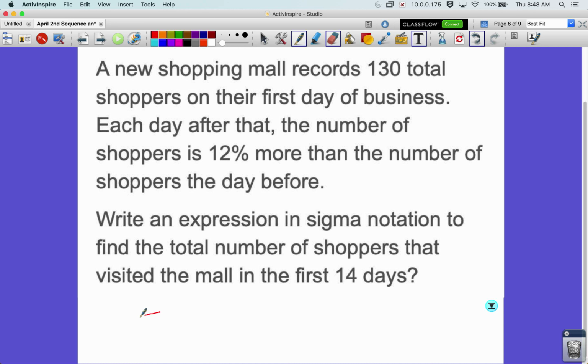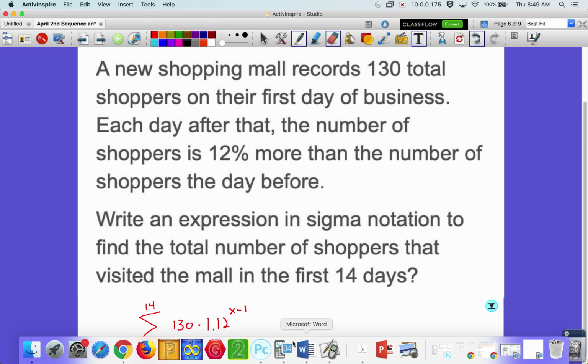But here we go. So I'm summing from x equals 1 to 14, because I want to add up all the visitors from the 1st to the 14th day, of our initial amount, 130, times our common ratio. Again, we have to do 1.12, so we get 100% of the previous amount plus an additional 12%, to the power of x minus 1.